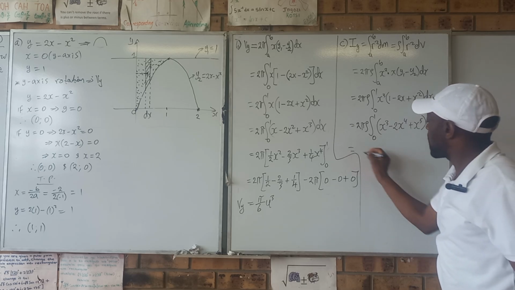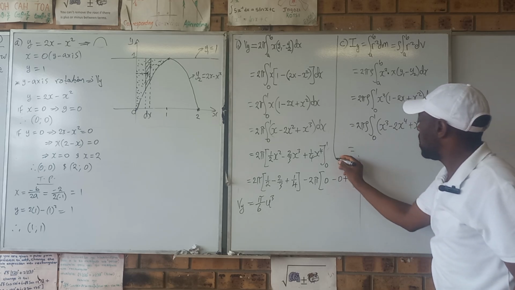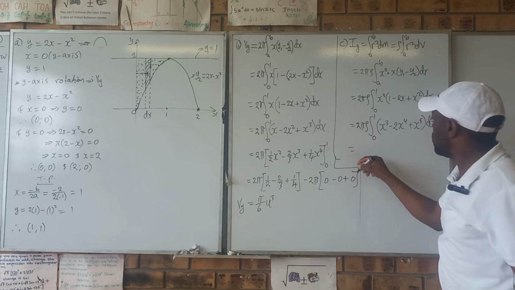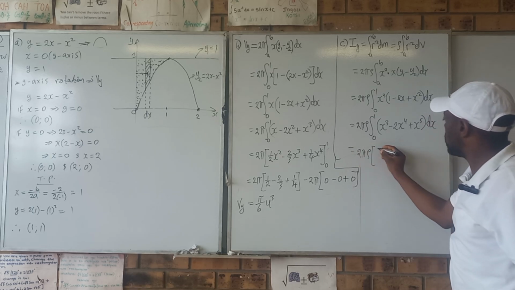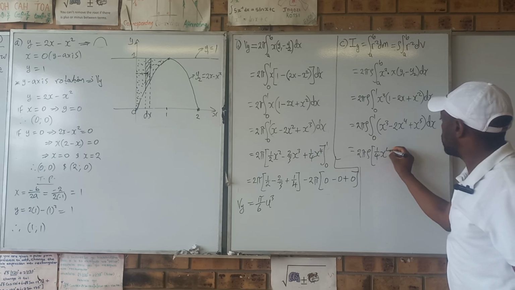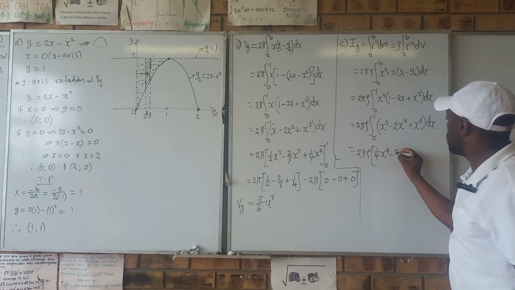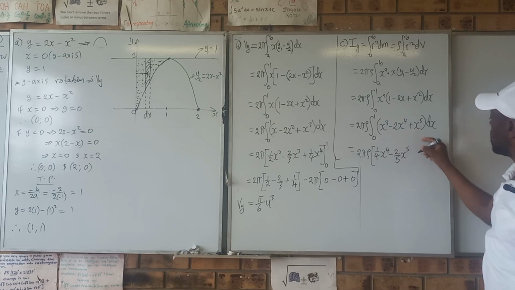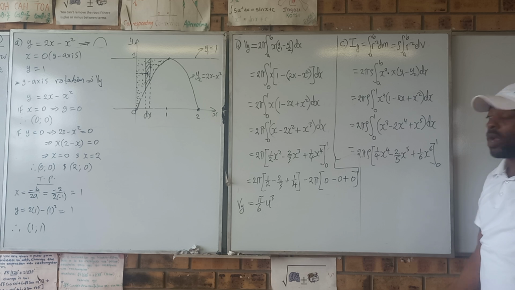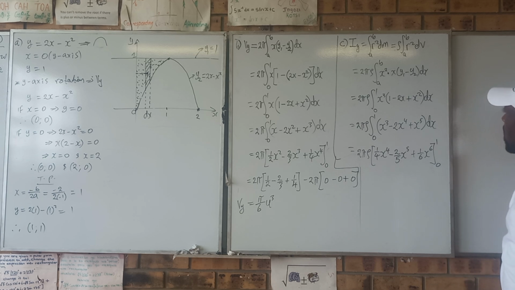If I continue with my integration, I get my 2 pi density. If I integrate, I'll get 1 over 4 x to the power 4, minus 2 over 5 x to the power 5, then you integrate x to the power 5, you get 1 over 6 x to the power 6, from 0 to 1. So I'm done with my integration.